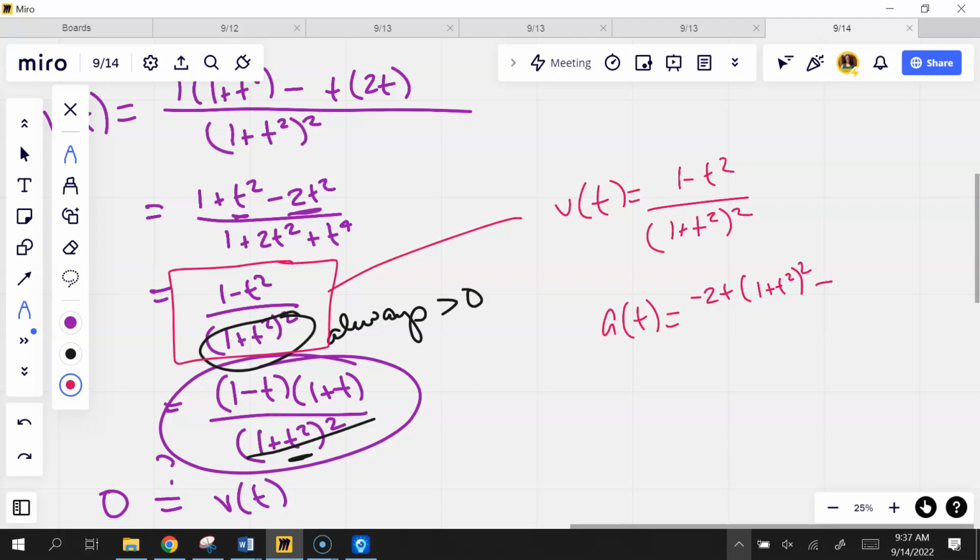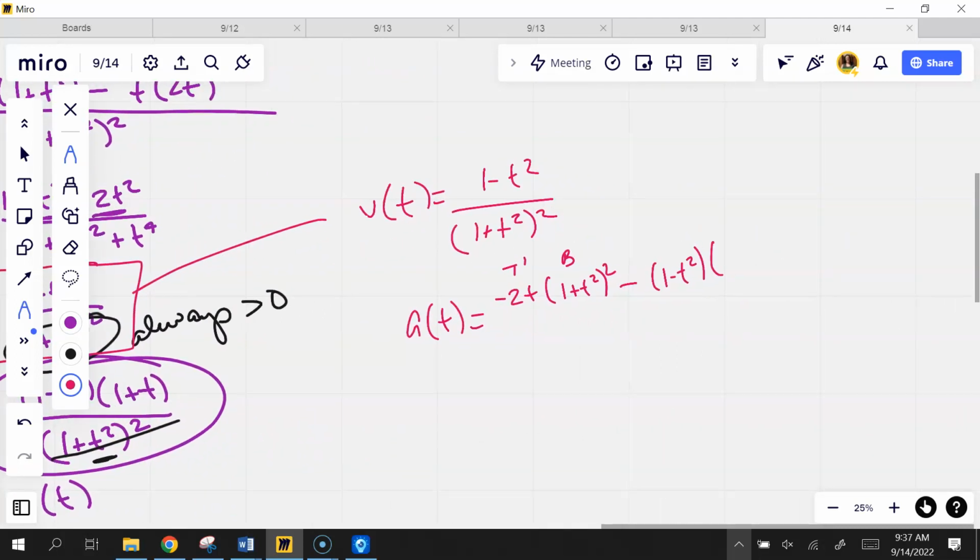T to the fourth plus 1. You can't distribute. You'd have to FOIL it out. Okay, so yeah, derivative of the top is negative 2t times the bottom. So this is top derivative times bottom minus the top times derivative of the bottom.